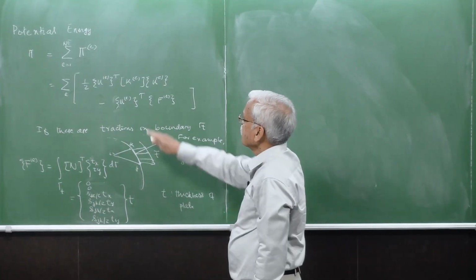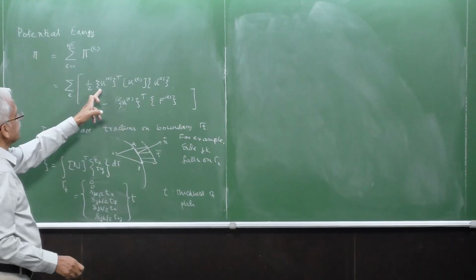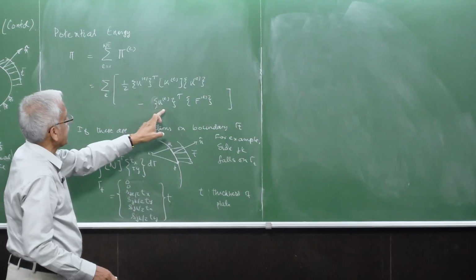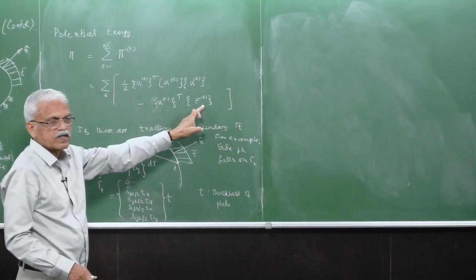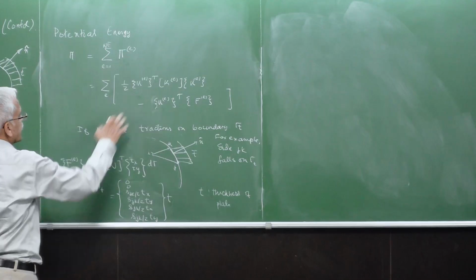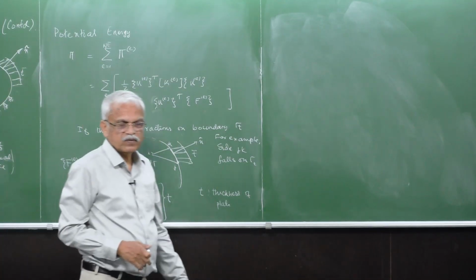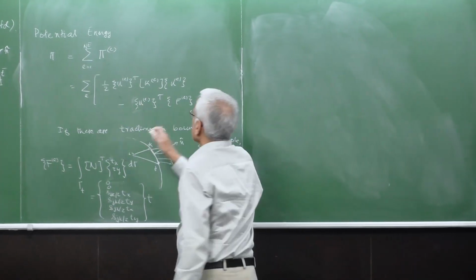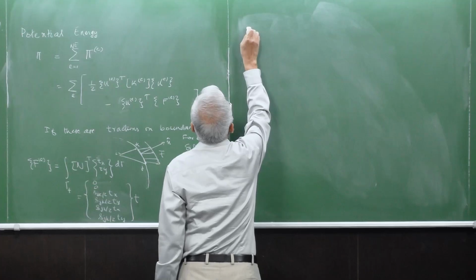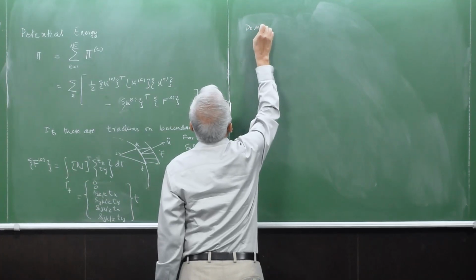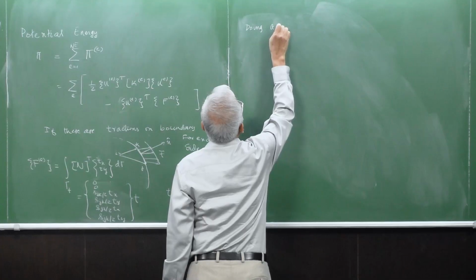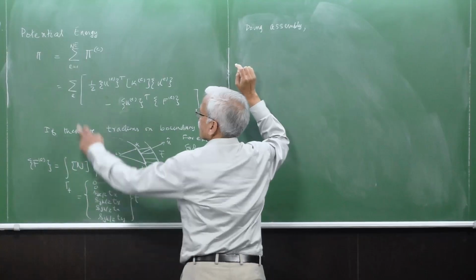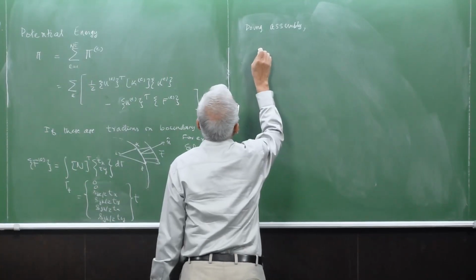Okay. So now we have the total potential energy, which consists of half UE transpose K times U, and then UE transpose times FE here. So this is for each element. And then if you want to do the assembly, it will turn out to be the whole summation over all the elements.